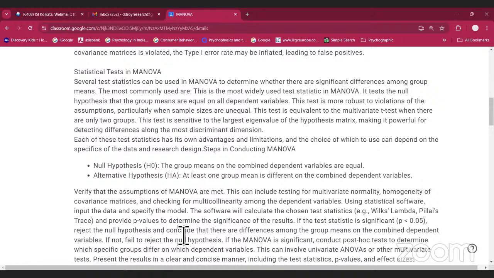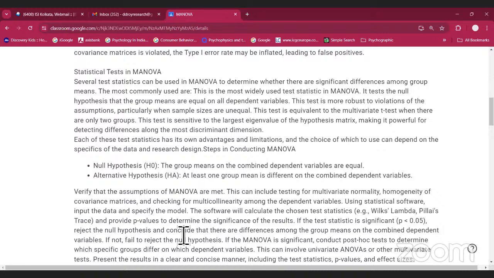If the test statistic is significant, p less than 0.05, reject the null hypothesis and conclude that there are differences among the group means on the combined dependent variables. If not, fail to reject the null hypothesis.